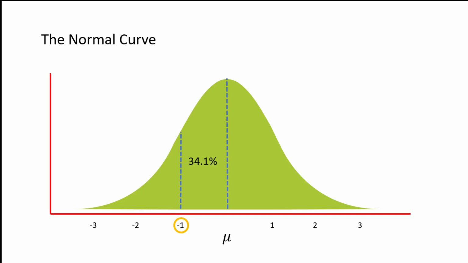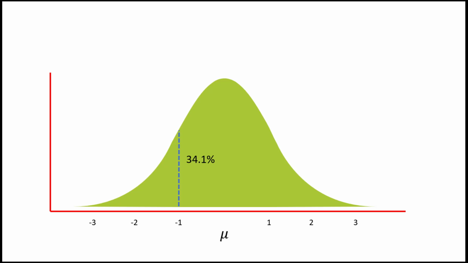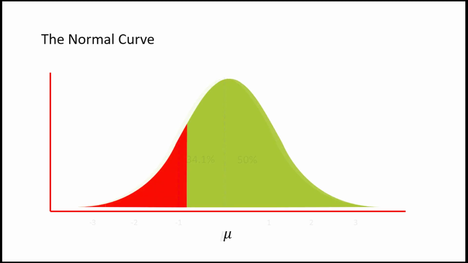Because the distribution is symmetrical, we can also see that 34.1% of the scores will fall between the mean and one standard deviation above the mean. Also, because the distribution is symmetrical, half the scores will fall above the mean and half the scores will fall below the mean. So combining what we know so far, that 34% of the scores will fall between one standard deviation below the mean, and that half the scores are above the mean, we can determine now that the total area that we've highlighted, one standard deviation below the mean, is about 15.9%.